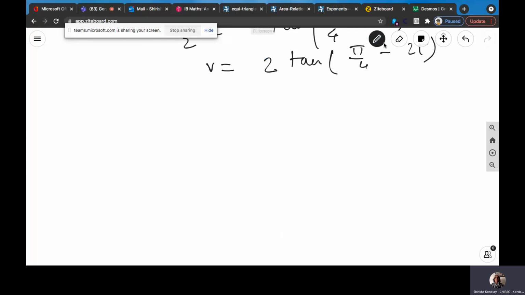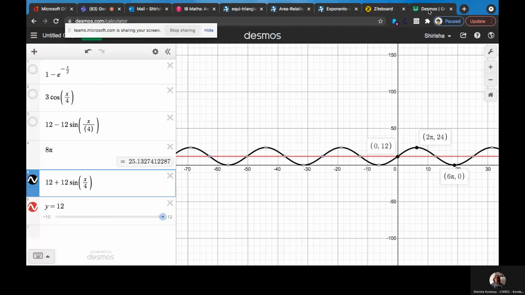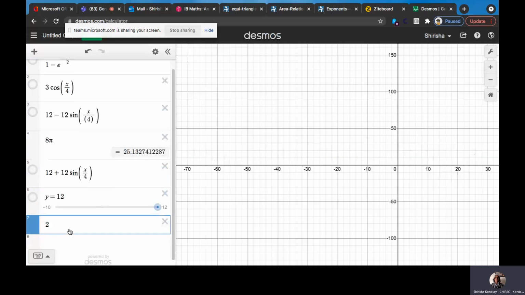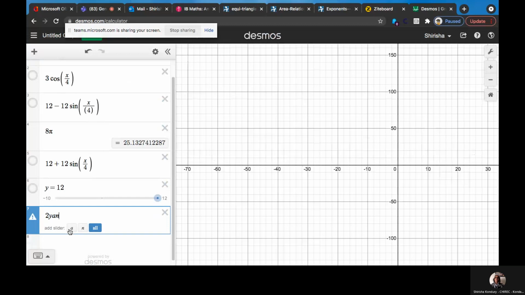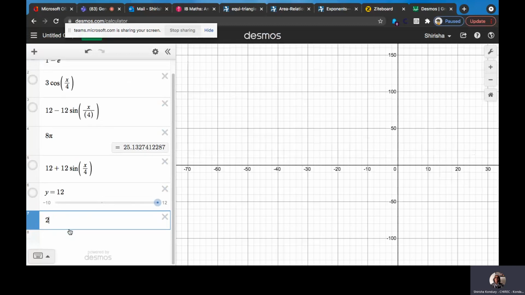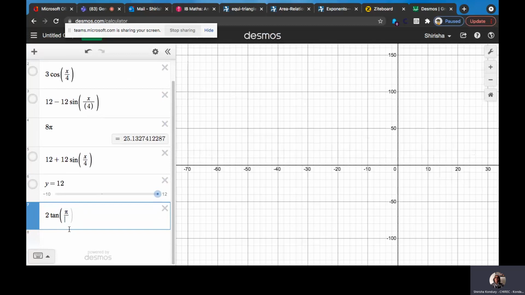The next question is, find the distance traveled by the particle before coming to rest. So again, we have to graph this velocity. This question will not come without the calculator because of the complexity of the graph. Right? So we want to graph 2 tan of pi by 4 minus 2t.